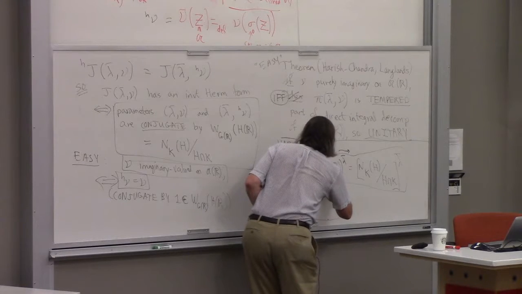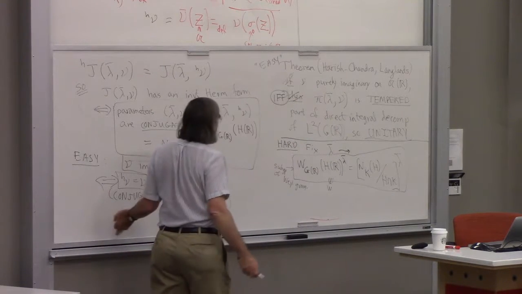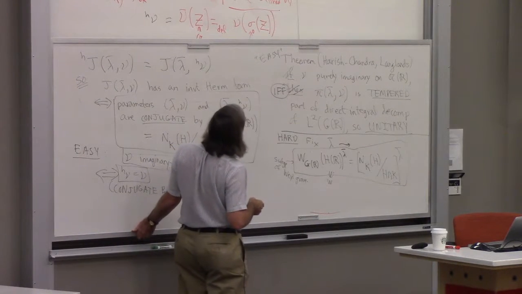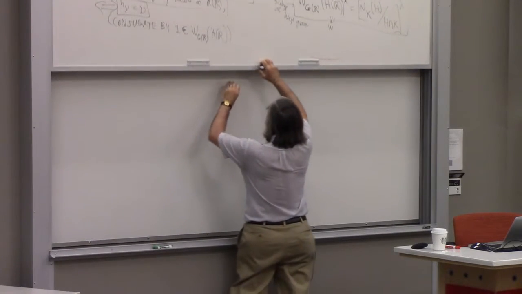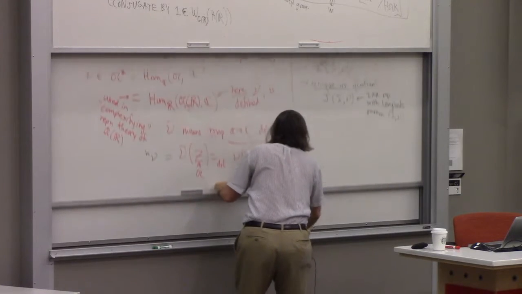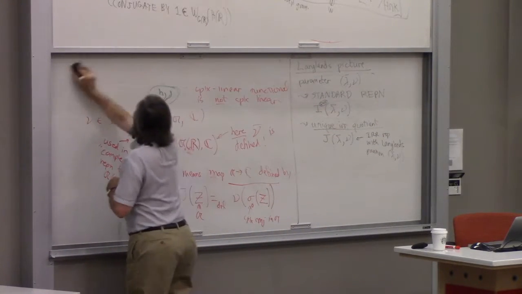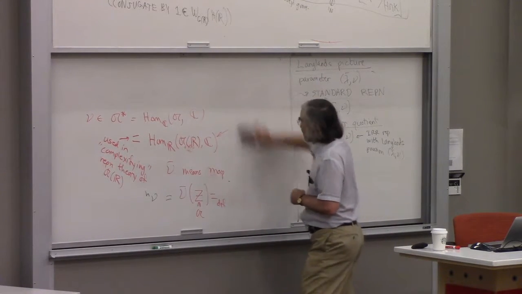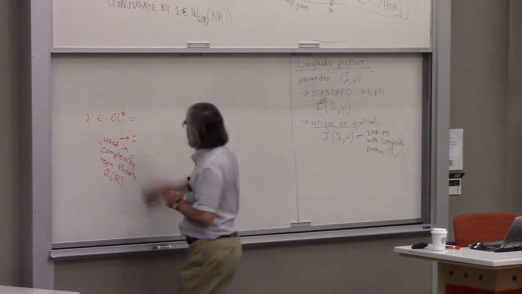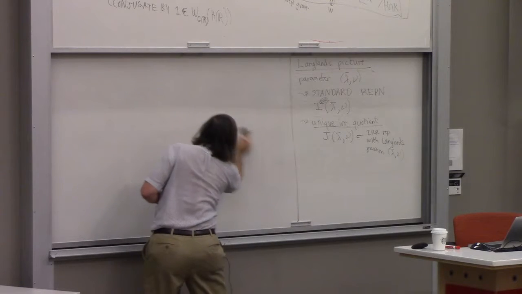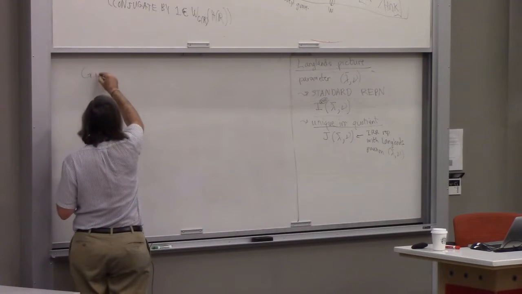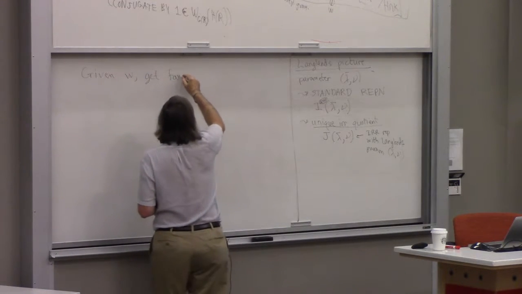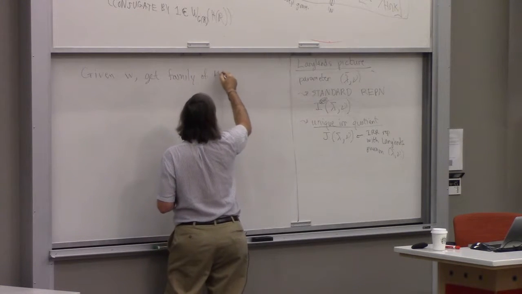And let me take some elements in here. Then given this W, you get a family of Hermitian representations.